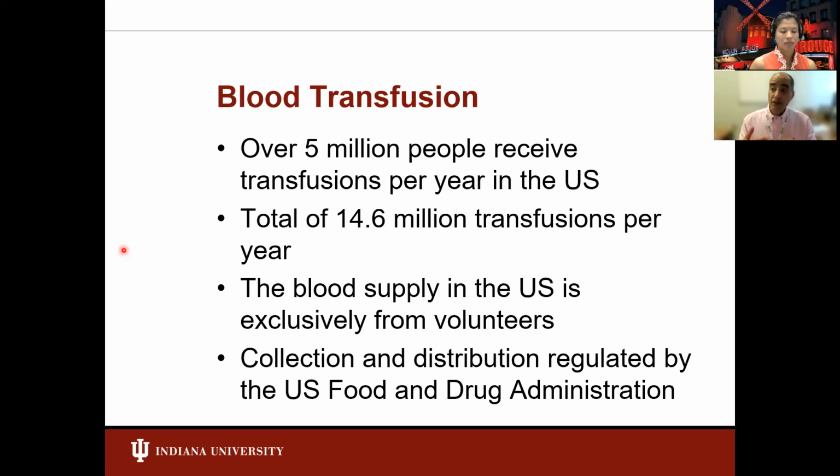Really, for the red blood cells and the platelets that we use to transfuse people, we solely rely on people being willing to donate their own blood and their own platelets. Now, this is all regulated by the United States Food and Drug Administration. So there are significant rules to help guide the blood centers around the country on how they collect the blood and then how they process the blood.